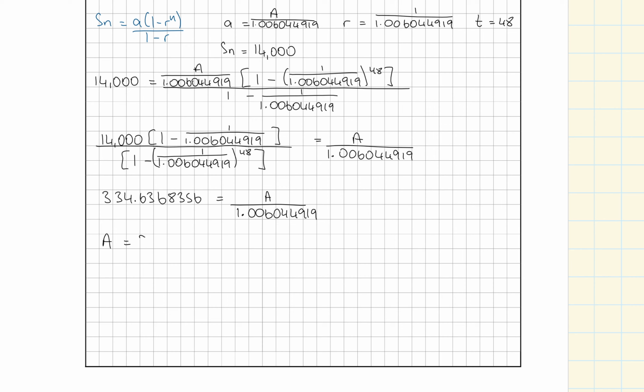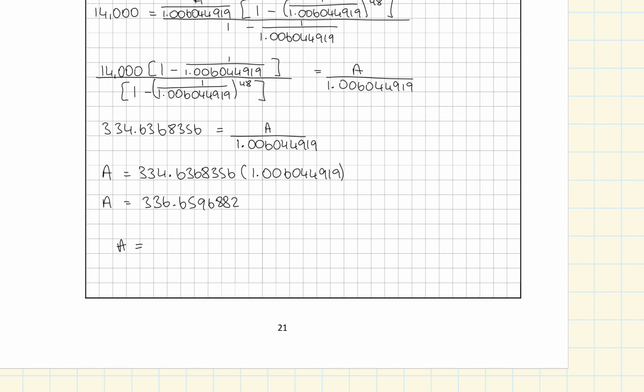And then we need to cross multiply again. So multiply your answer by 1.006044919, and we'll get 336.6596882. And in the question we were asked for nearest cent, so that's 336.66.